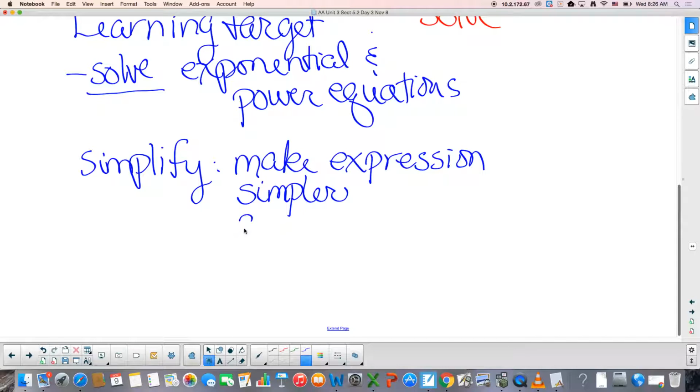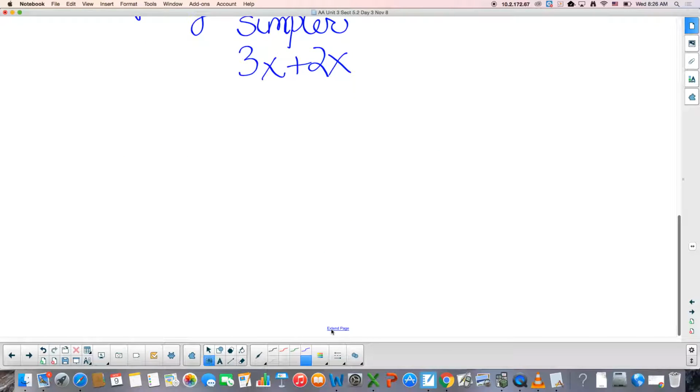So if you have 3x plus 2x, we can simplify that, can't we? But the question is, Alex, why can I add the 3 and the 2? Because if we don't know why we can do that, we're going to have some problems with some of the math. We are going to use the distributive property, and we're going to undo what was distributed.